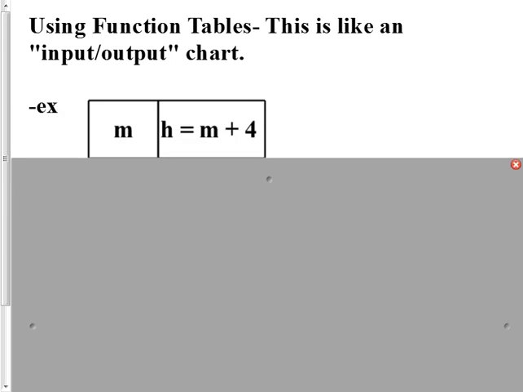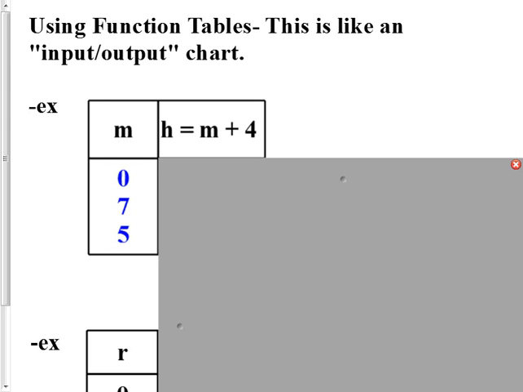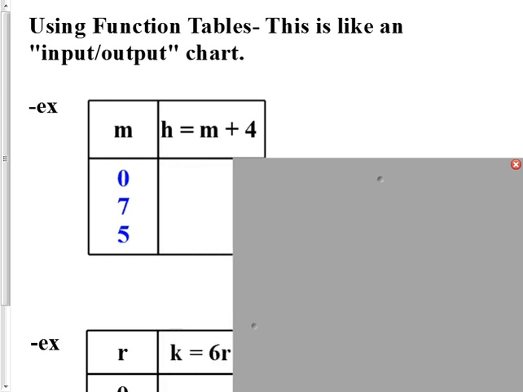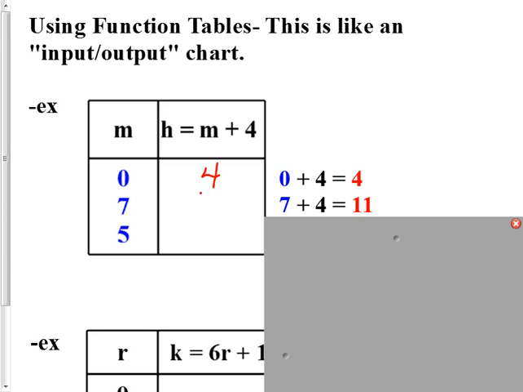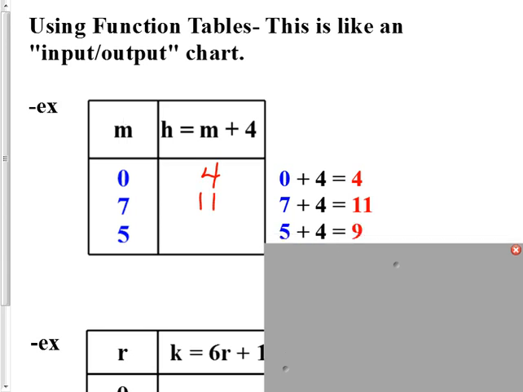So if we look at a couple of these, if we have M as our input, or M as our first number that we're given, and we want to find H, and we know that H comes from doing M plus 4, then we can do 0 plus 4, which is 4. Then if M is 7, we're going to do 7 plus 4, which is 11. And if M is 5, we're going to do 5 plus 4, which is 9.